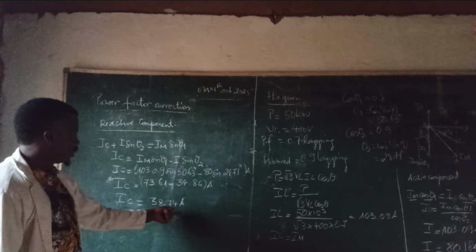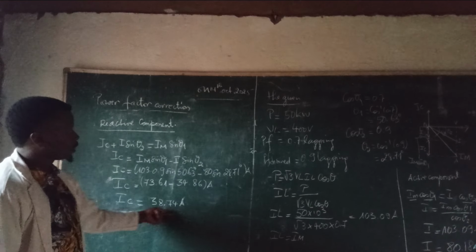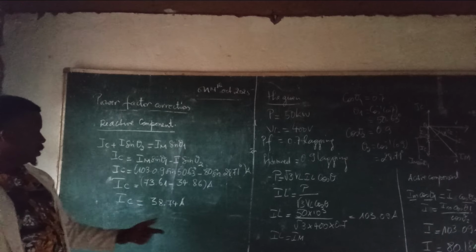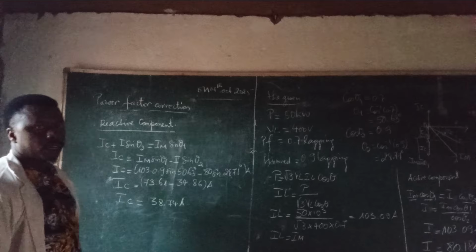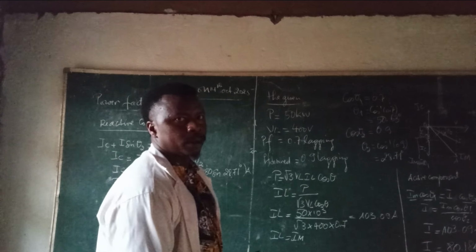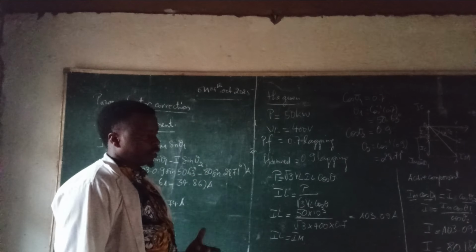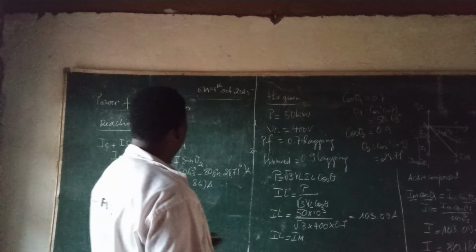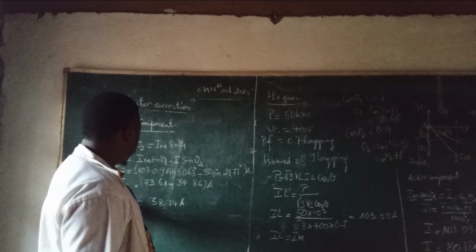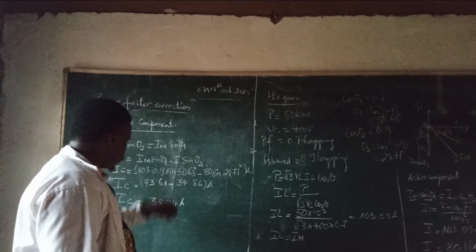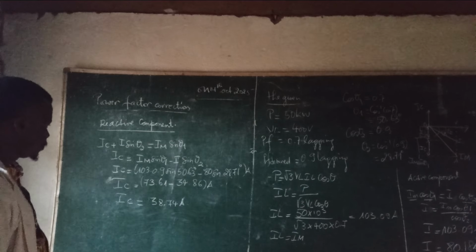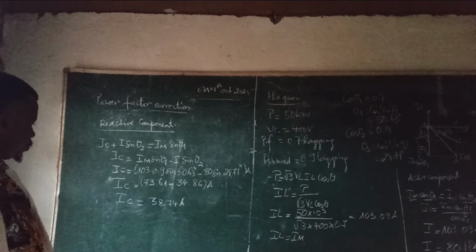That is the total current these three will consume. So we're going to search per phase capacitor current. Every phase will have a capacitor, but all three together will consume 38.74 amps. Let's look at the per phase value.